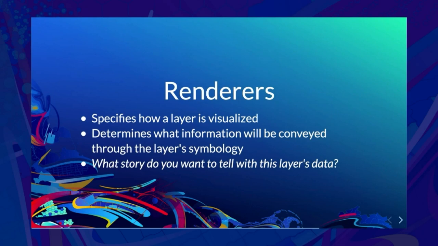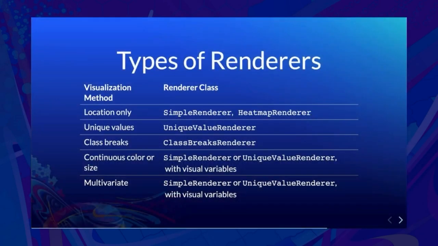Renderers allow us to specify exactly how we want to visualize our data and what information we want to communicate through the visualization. Basically, to build our renderer, we start with the question, what story do we want to tell with this layer's data? This might all be sounding a little abstract, but some examples will make it clear.